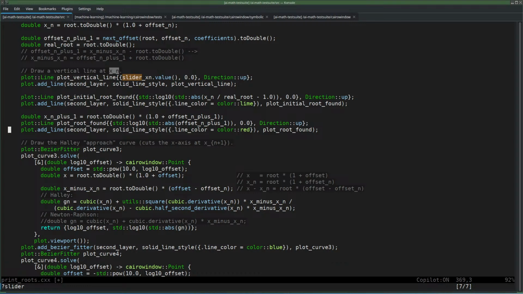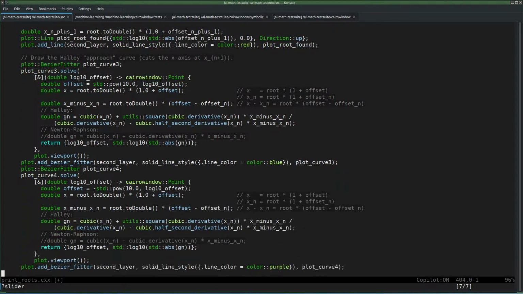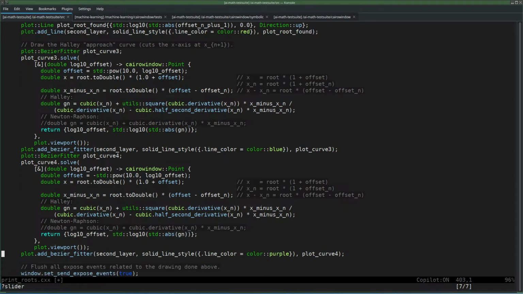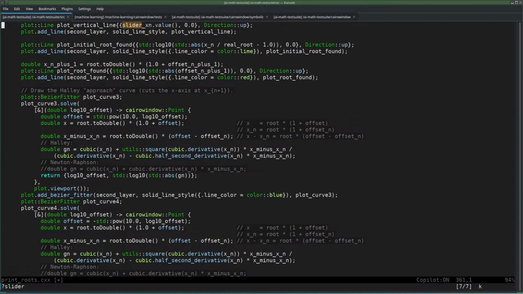Plot root found. Trust me that I have no clue anymore what this is doing, though I wrote it. Sad fact. But yeah, don't need to.